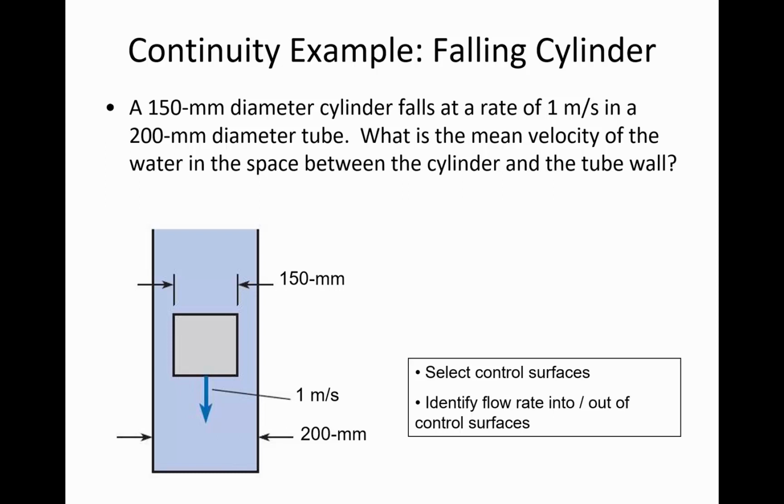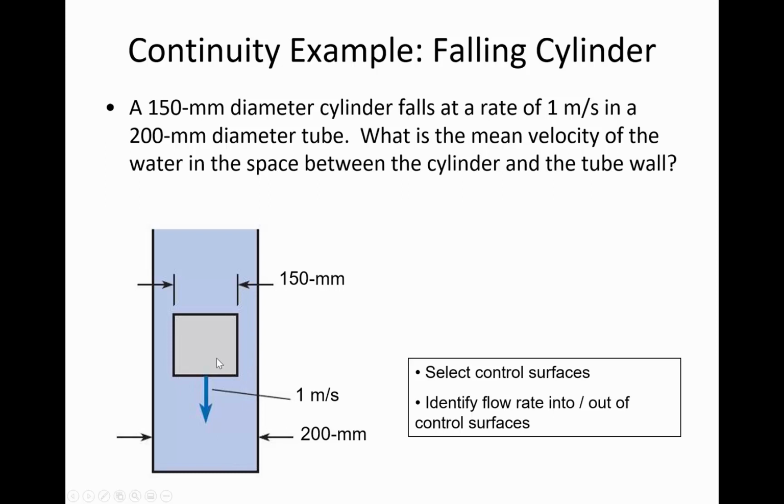So it's like a ring or a donut shaped area through which the water is falling. Now as this falls downward at 1 meter per second, it's pushing water out of the way. And so the cylinder falls down and the water is pushed out of the way and around the side in order to make room for the cylinder to fall down.